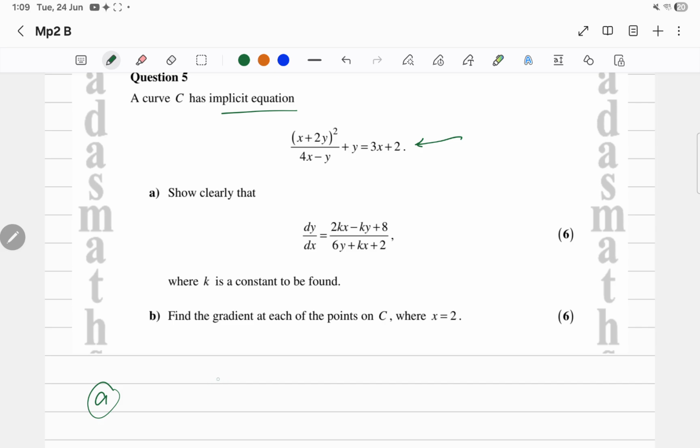So we have (x plus 2y) whole squared over 4x minus y, plus y, equals 3x plus 2.